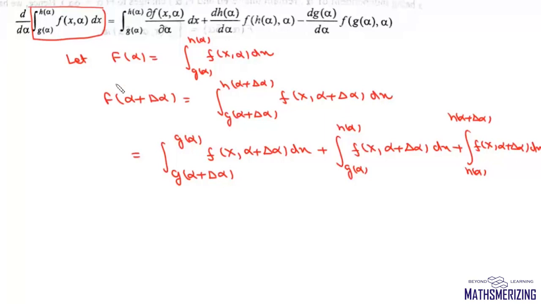Now we'll subtract F(alpha) from F(alpha plus delta alpha).